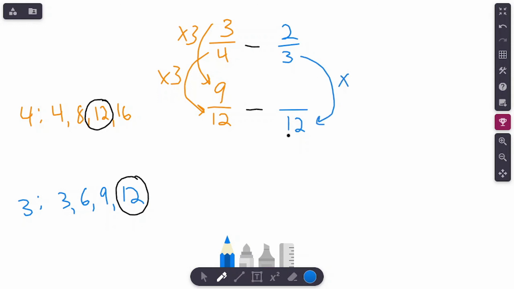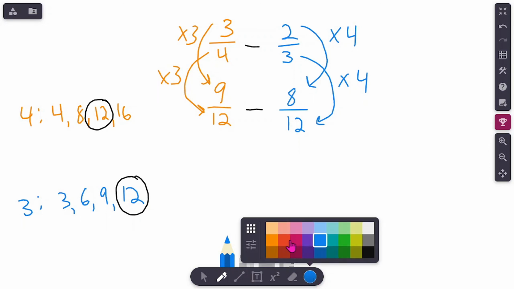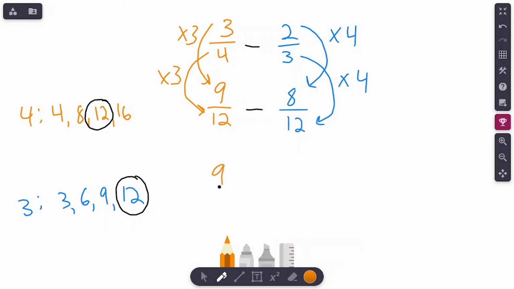3 times what gives you 12? 1, 2, 3, 4. 3 times 4 is 12. Multiply the numerator by the same thing you multiplied the denominator by, which was 4. So 2 times 4 is 8. Let's rewrite it so it's easy to see.